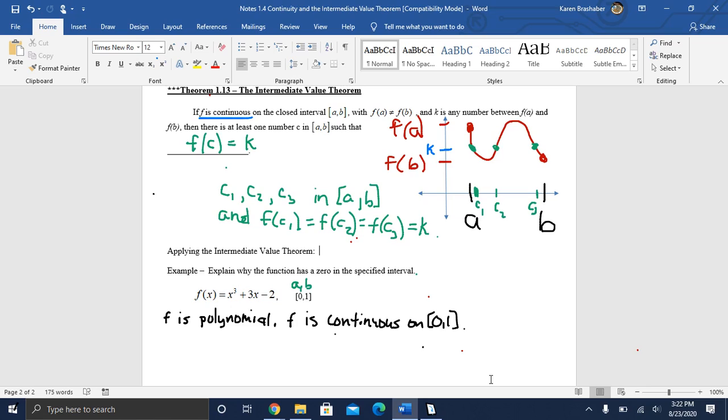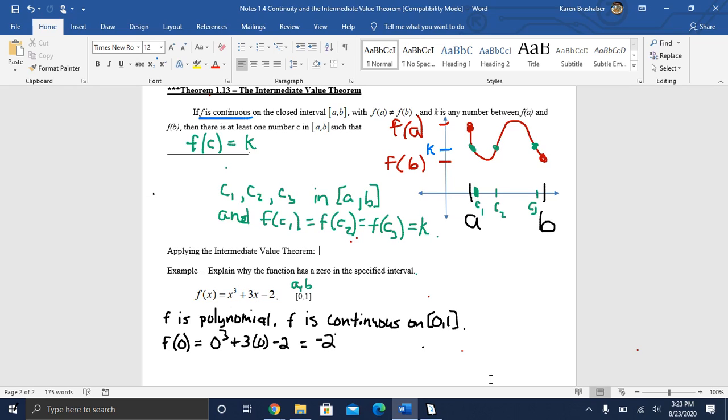Another condition that has to be met is that f of a, which in this case is 0, cannot be equal to f of b. So we need to show that. f of 0, I'll plug in 0, and f of 0 gives me negative 2.